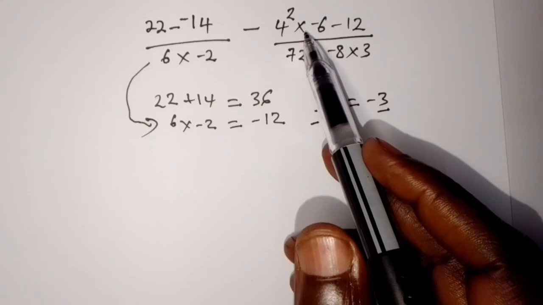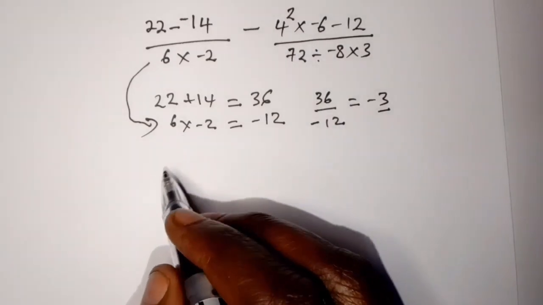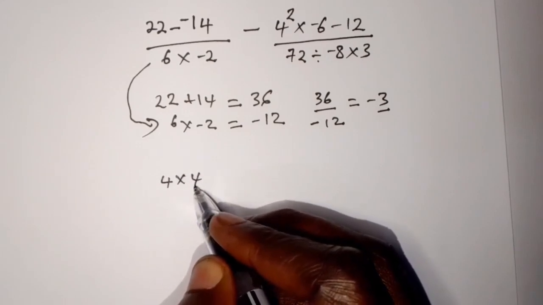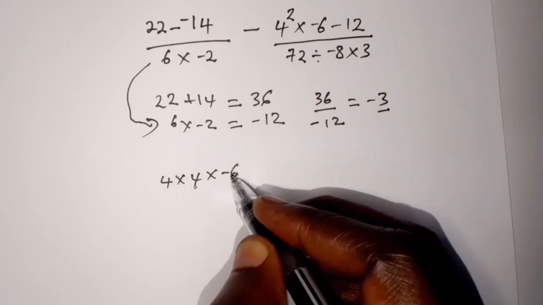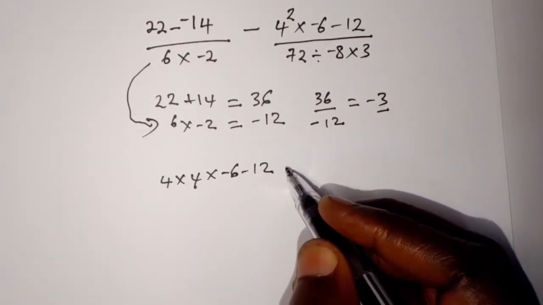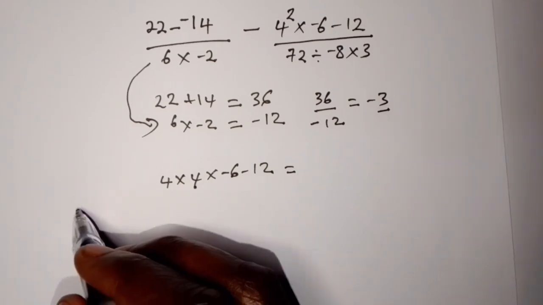This numerator here, we can write it as 4 times 4 times negative 6 minus 12. Then we apply BODMAS.